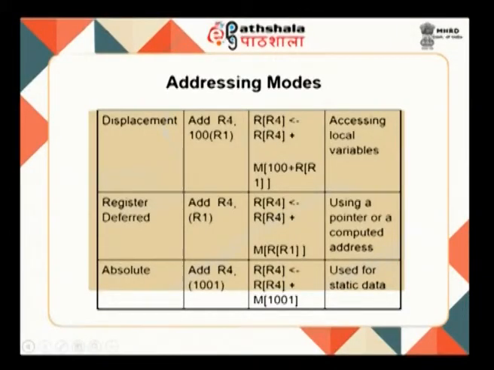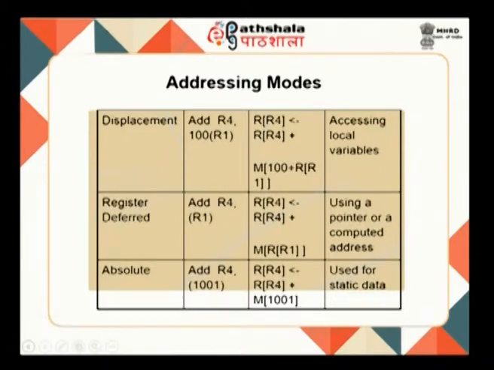You can also look at a register deferred addressing mode, where the address of the memory location is specified in a register, and that is indicated by a register given within brackets. Say for example, when I say add R4, (R1), R1 does not contain the data here, R1 contains the address of the data. This is normally used when using a pointer or a computed address.